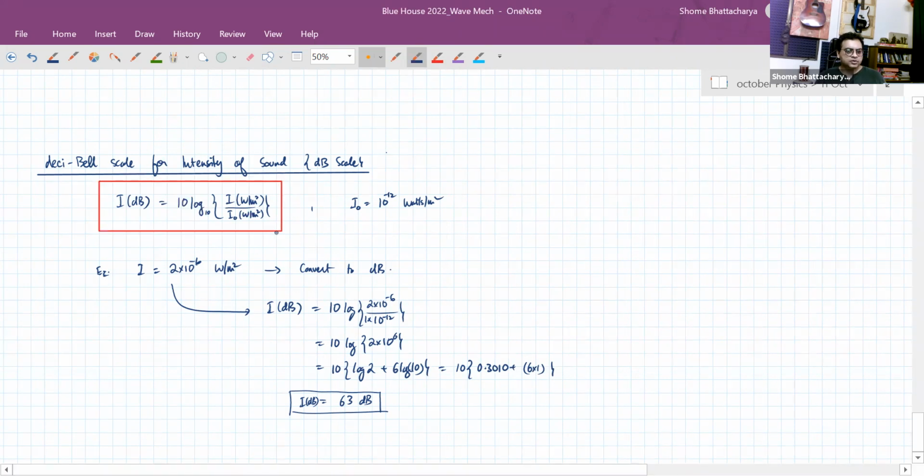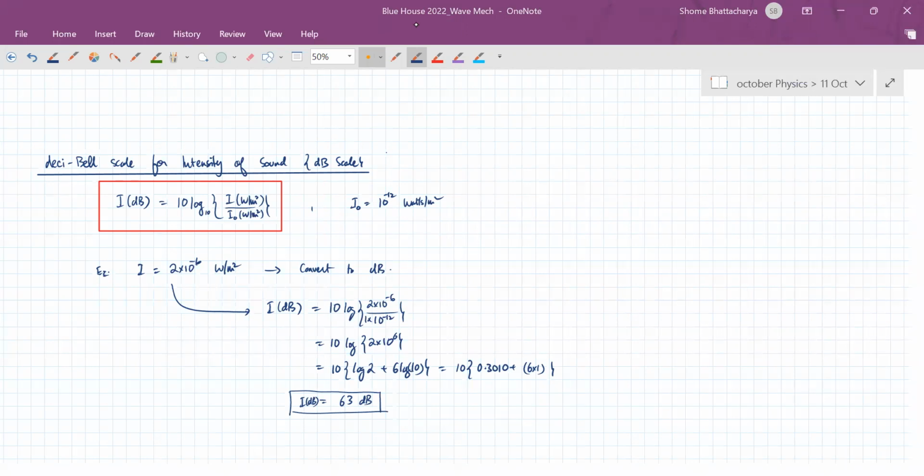You should know the relationship of intensity expressed in decibels with respect to the absolute value in watts per meter square. Okay, so note this down and let's do a quick question.